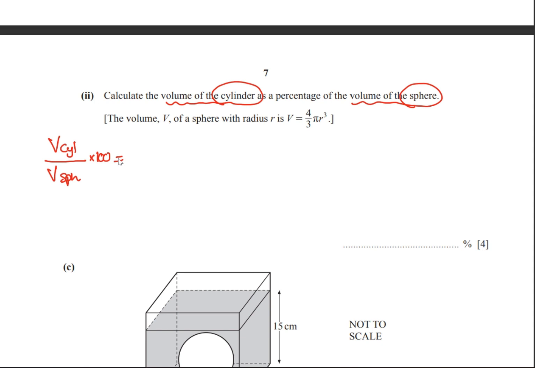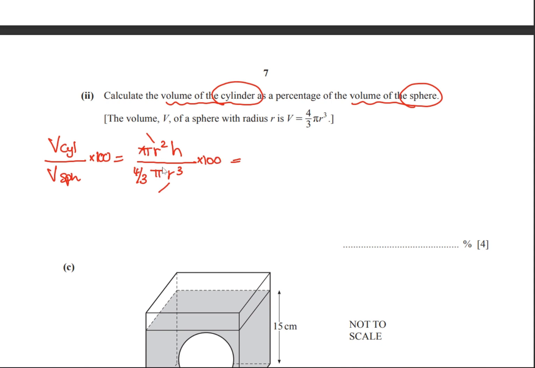The volume of any regular shape is the base area multiplied by the height. So what is the base area of the cylinder? Pi r squared multiplied by the height, divided by the volume of the sphere, which is 4 over 3 pi r cubed. But take care of something: this is the radius of the cylinder and this is the radius of the sphere, not the same. Multiply by 100.